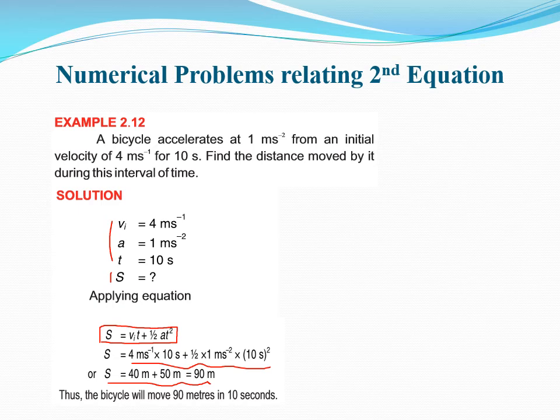So this is the numerical problem solved with the second equation of motion, an application of the equations of motion to day-to-day motions. For example, here the motion of a bicycle is discussed.